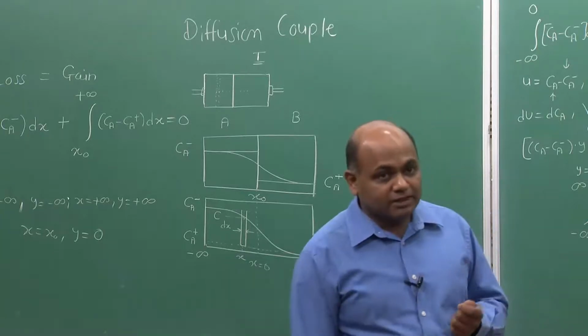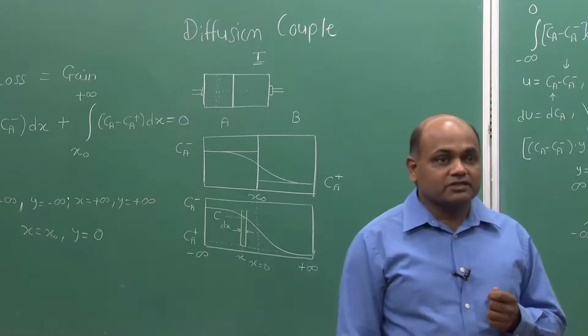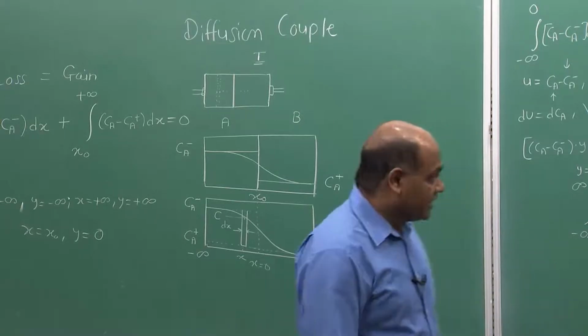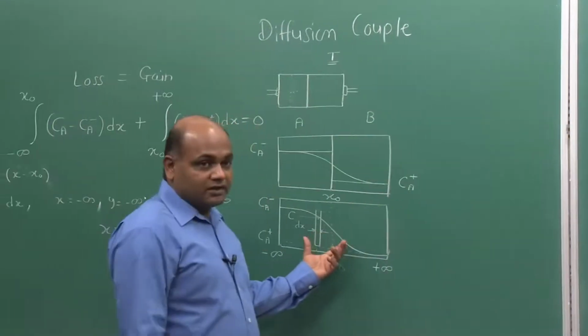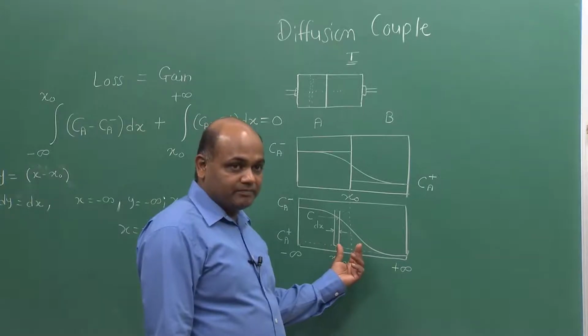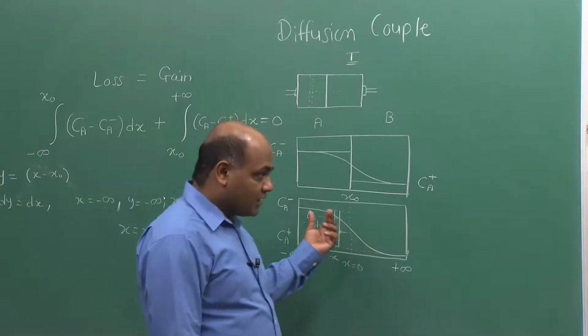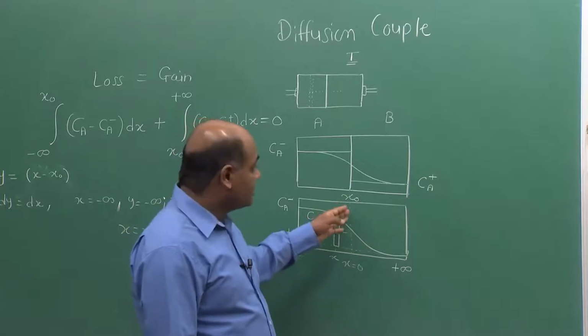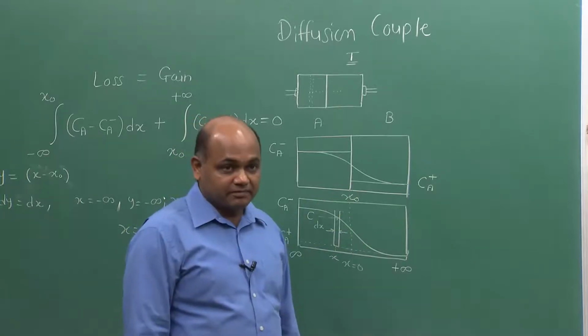If the partial molar volumes of the components are a function of composition, then with diffusion there will be net expansion or shrinkage of the couple, and therefore, each individual component will yield a different location of this plane.